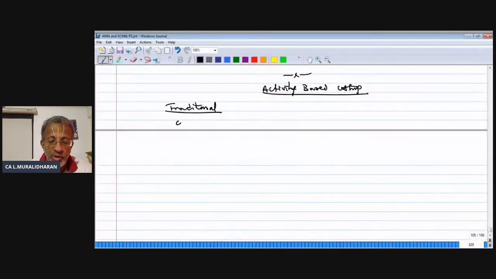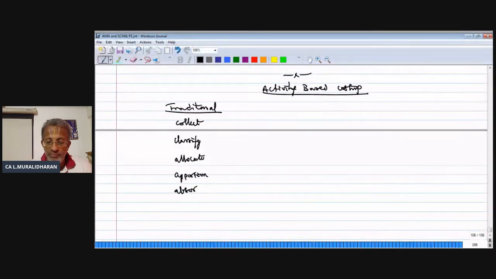We are expected to collect information, that is cost, then classify the cost and allocate the cost, then apportion the cost, and absorb the cost. Absorb means recover. These are the 5 steps that we used to have in overhead distribution.